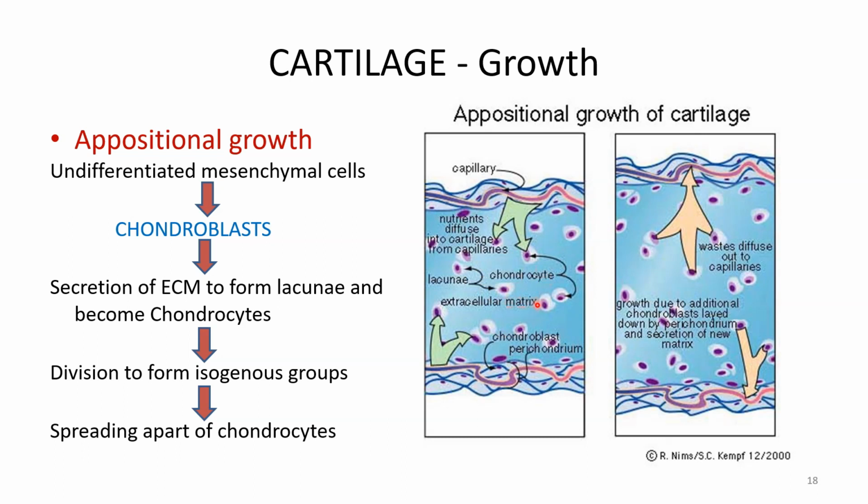The chondroblasts will become the chondrocytes. They go on dividing to form the isogenous groups, and they will be spreading apart. So that is appositional growth, that is addition from the surface.